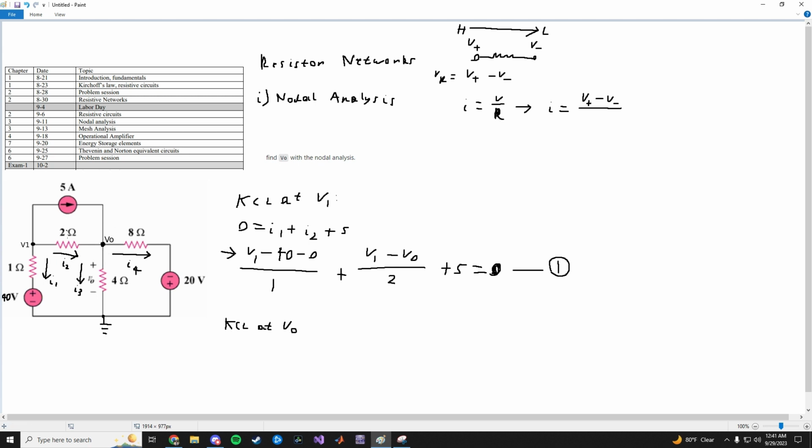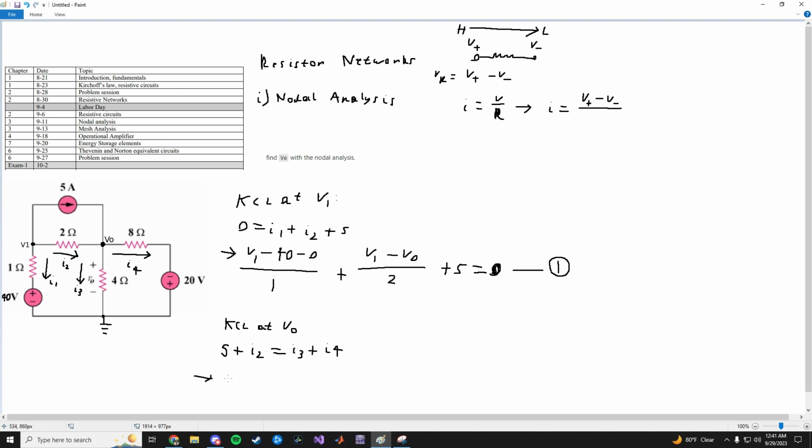Currents flowing in, the first one is 5, that's flowing into V0, plus I2 is also flowing in. And it looks like those are the only currents flowing in to V0. The rest are flowing out. So current flowing in equals current flowing out: I3 plus I4.